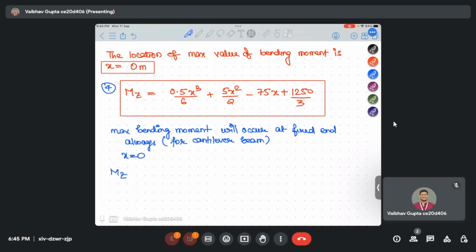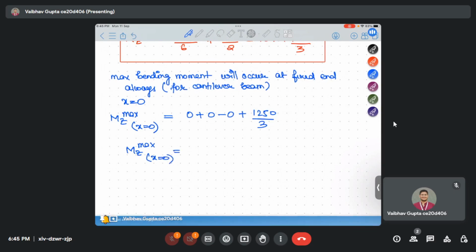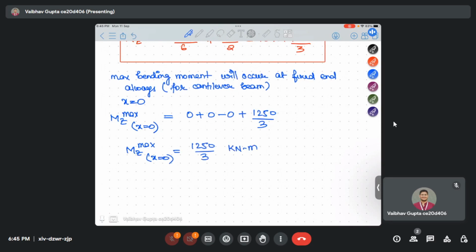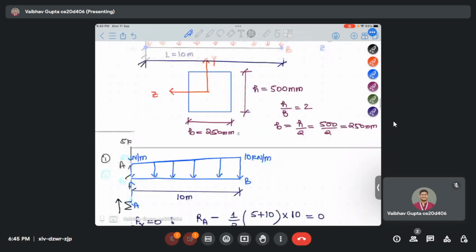Then Mg max at x equal to 0 is 0 plus 0 minus 0 plus 1250 by 3. So Mg max is equal to 1250 by 3 kilonewton meter. This is the maximum bending moment you will get. So this is the answer to your fourth part.